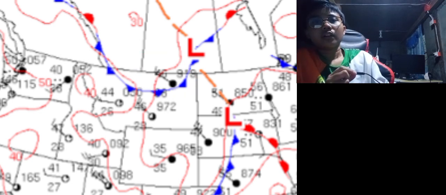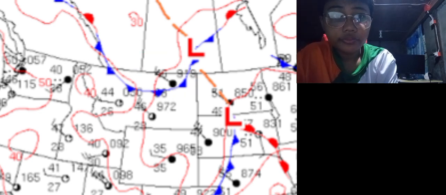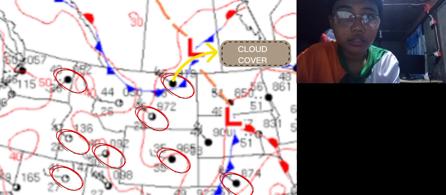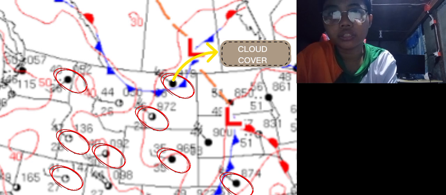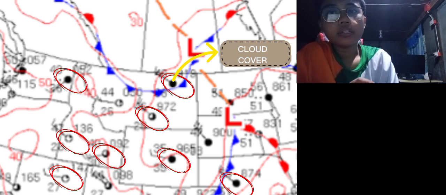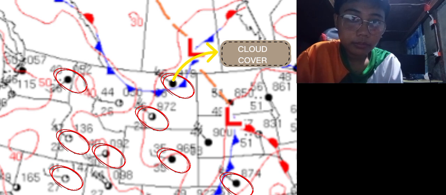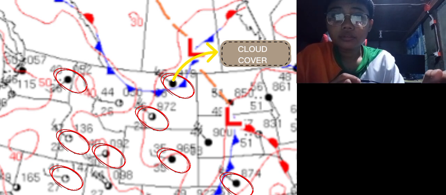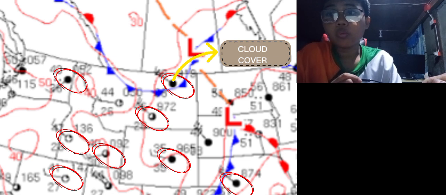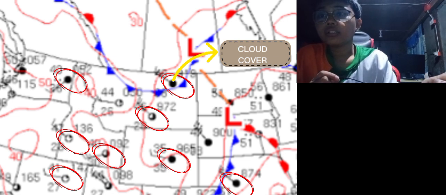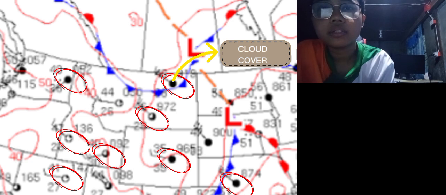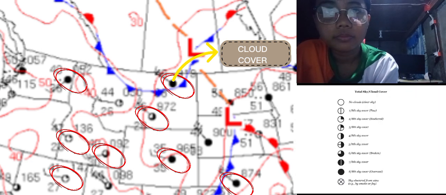Now, we also see here in our surface weather map circles that have half shading and full shading on them. This has already been tackled in our past discussion, but to recall, I want you to base on this figure.